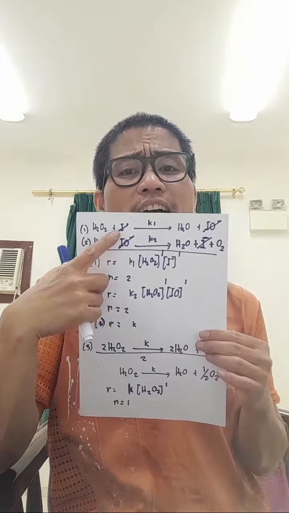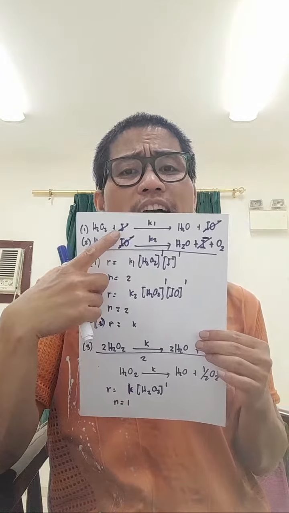It is never consumed within the entire reaction, because that's the meaning of catalyst. A catalyst is used to speed up the chemical reaction, or the rate of reaction, without being consumed in the entire process. It is not consumed because the iodide is still here.